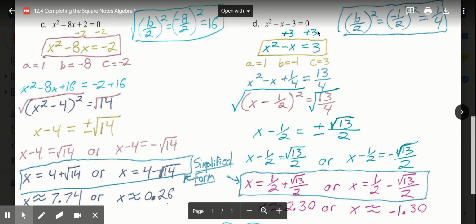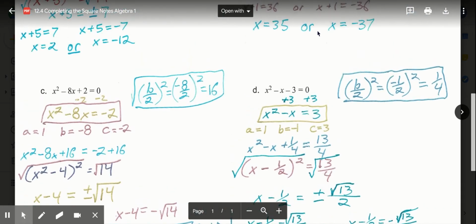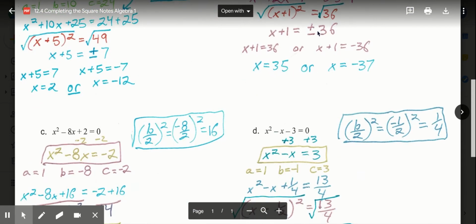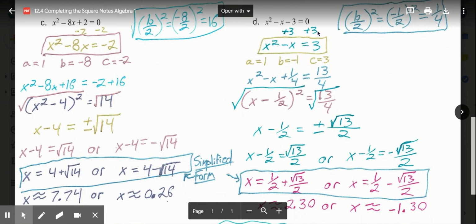So what I notice right away is B is an odd number. In all my other examples, B was an even number. Completing the square works when B is an odd number, but it is not the quickest or best approach.